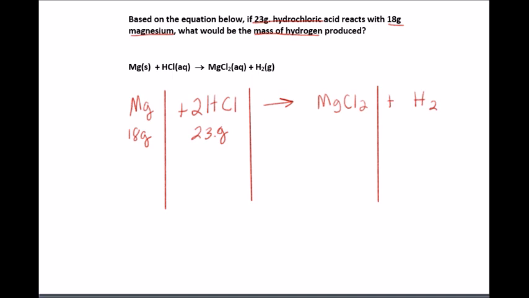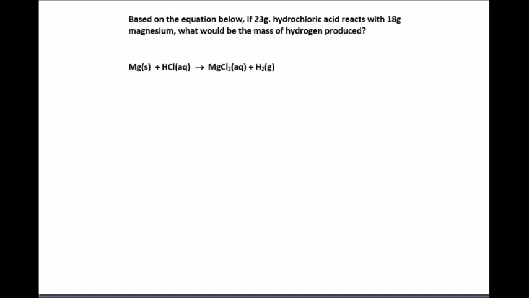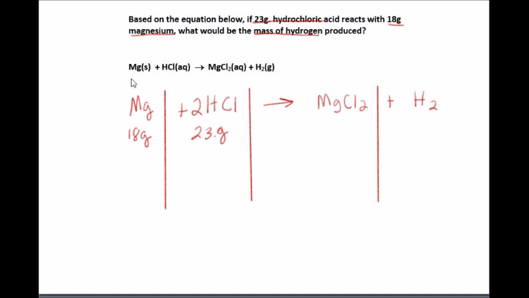So let's look at the periodic table. All right, so here's magnesium, 24.3 grams per mole. All right, let's go back up to our 24.